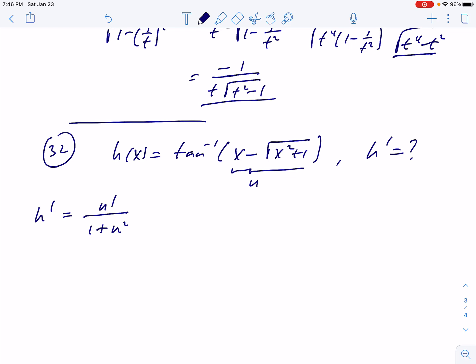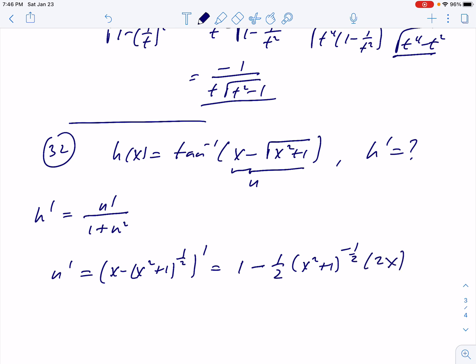So what is u prime? u prime, this is x minus, I shall write it this way, x squared plus 1 to the power 1/2, all this prime. So for the square root, we use the power rule. So this will be 1 minus 1/2 times x squared plus 1 to the negative 1/2 times 2x by chain rule, derivative inside the parentheses. We see that 2 cancels out.